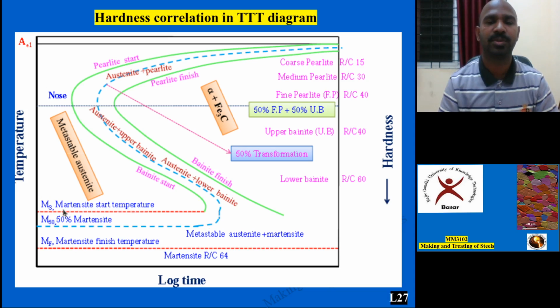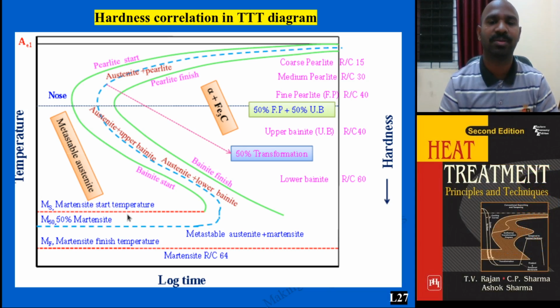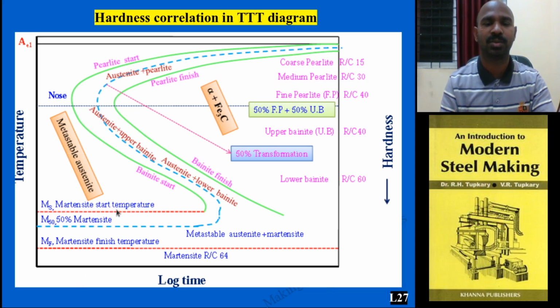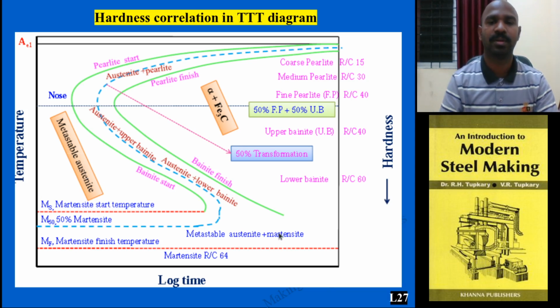And this particular line is where martensite starts, when you avoid cooling within the furnace or outside of the furnace, and choose fast cooling. When it crosses this line, martensite starts forming, metastable austenite and martensite.